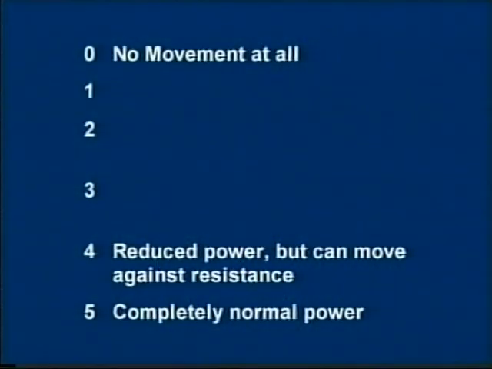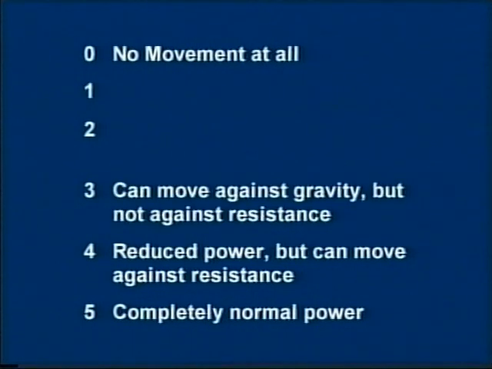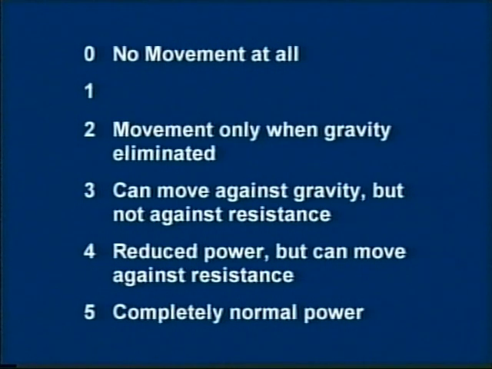Grade 4 power is a mild reduction in power, but still the patient can move against resistance. In grade 3 power, the patient cannot move against resistance, but can move the limb against gravity. In power grade 2, the movement against gravity is not possible. However, if you eliminate gravity, then the patient can move the limb.